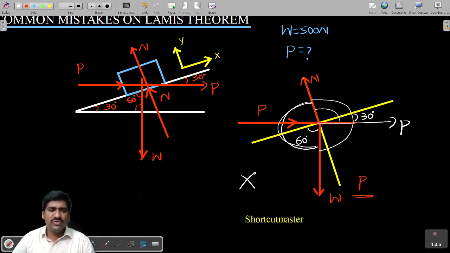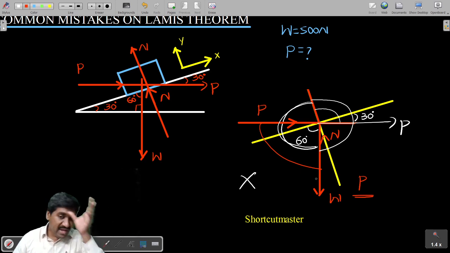You do one thing, all of you, just remove this N here, and try to place this N here. This is the inclined plane, and this becomes N. And if it is N, then definitely this becomes the angle between the other two forces. Biggest mistake.